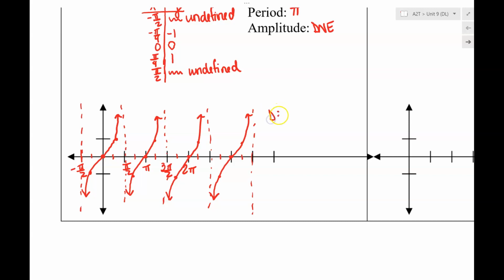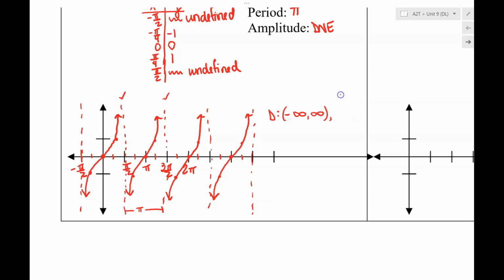Okay, domain and range are a little bit, well, range isn't tricky, but domain's a little bit trickier because we say, well, yeah, it exists everywhere, except it does not exist where there are asymptotes. So notice, we have one asymptote at pi over 2, one asymptote at 3 pi over 2. They are separated by pi units, which is the period.